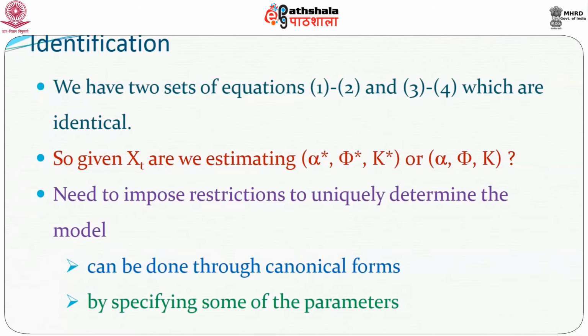The other way is that we can specify some of the parameters. Specifying some of the parameters really means that we are putting restrictions on the parameters. So either through restrictions of the parameters or through some standard form, we can probably identify the model.